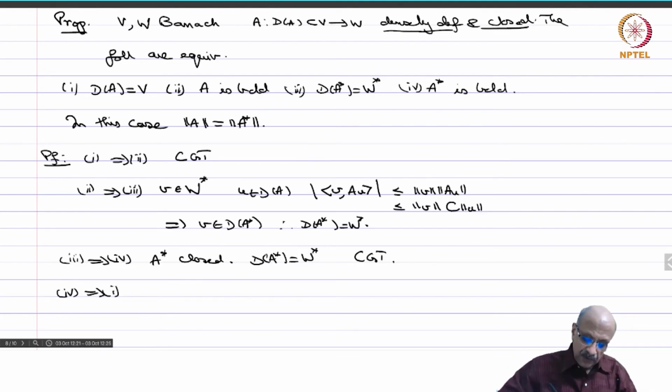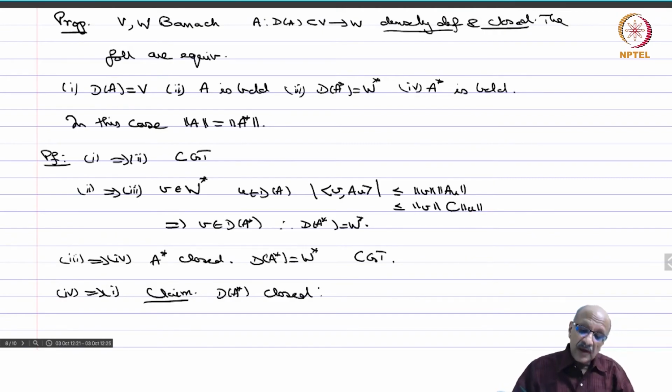Okay, so first claim: D(A star) is closed. If A star is bounded, then D(A star) is closed. So let Vn converge to V in W star, with Vn in D(A star).